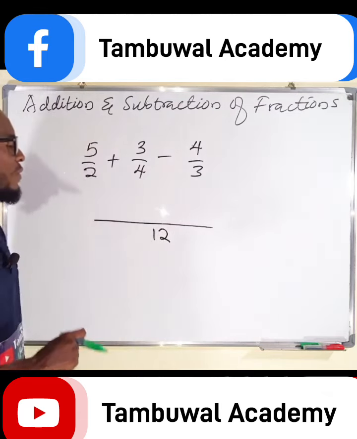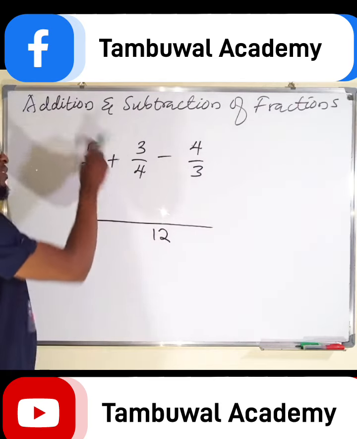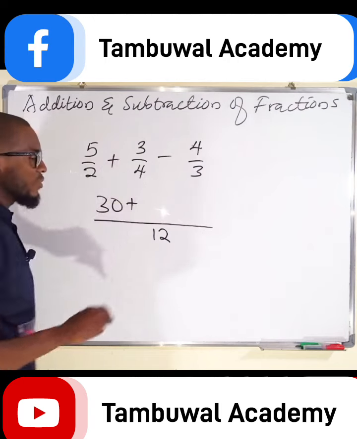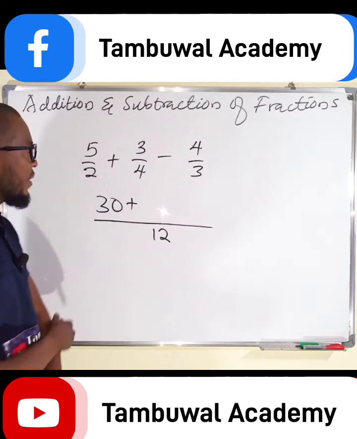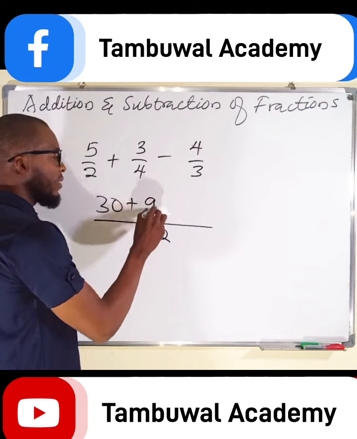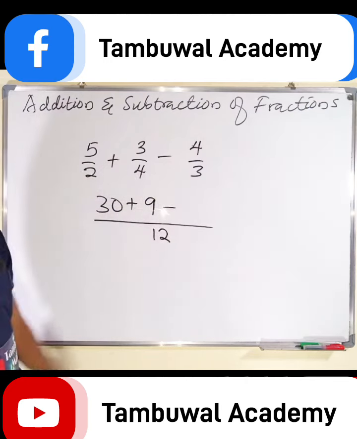2 can go into 12 6 times. Use that 6 to multiply the top number. 6 times 5 is 30. Drop your sign, plus. 4 can go into 12 3 times. Multiply by the top number 3, you obtain 9. Minus. 3 here is 4.